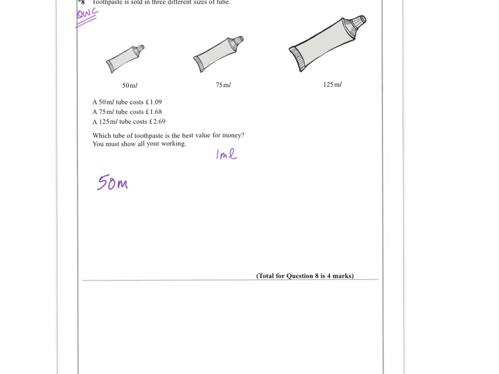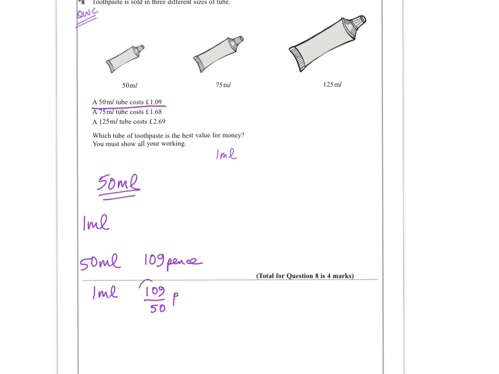So we'll have our 50 ml range first. So 1 ml, what would that be? Well, if you read carefully here, you can see that 50 mils would be 109 pence. I'm going to convert to pennies here. So 1 millilitre would be 109 divided by 50, be 50 times smaller.